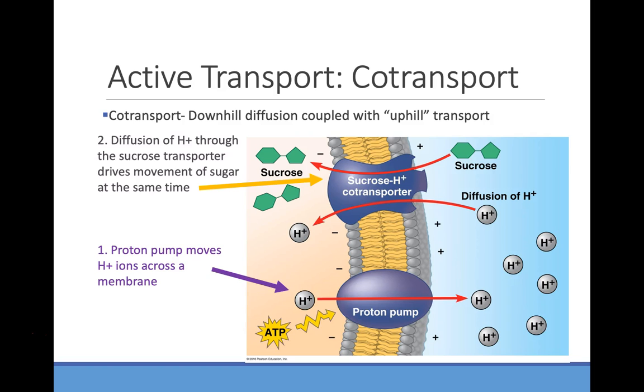In this situation, those hydrogen ions are now going to move from high concentration through a cotransporter. And when that happens, the power of that diffusion, the power of the movement of those ions, is going to move sucrose as well. It's going to allow sucrose to enter the cell, being driven by the movement of those hydrogen ions.